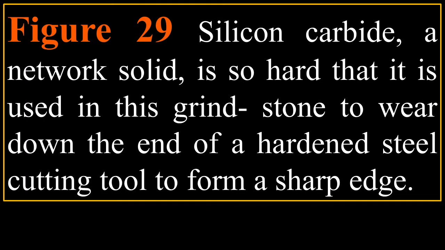Silicon carbide, a network solid, is so hard that it is used in this grindstone to wear down the end of a hardened steel cutting tool to form a sharp edge. So it can be used as a grinder because of its great durability and strength.